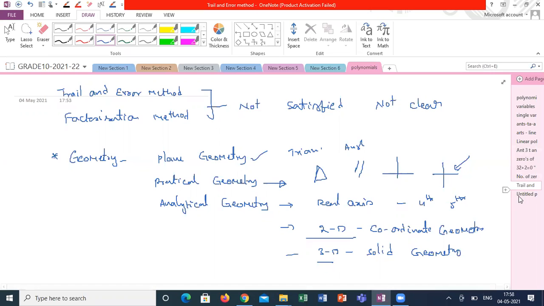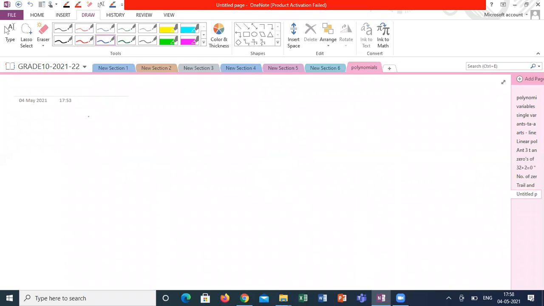So what is the trial and error method? Suppose I am taking 3x plus 2, this is my p of x. Substitute x equal to 0, 1, 2, 3, minus 2 by 3, plus 2 by 3.